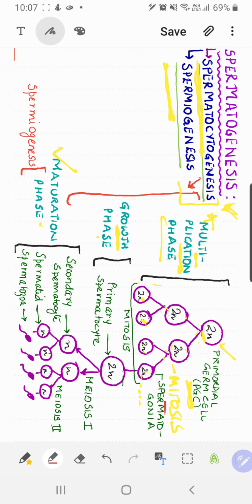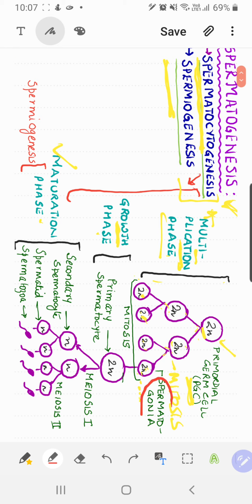Just using a different color pen. Spermatogonia. Right, children? That means after completing the multiplication phase, which is done by cell division mitosis, many offspring cells are there. Out of primordial germ cells, many have been formed, and now these are known as spermatogonia.